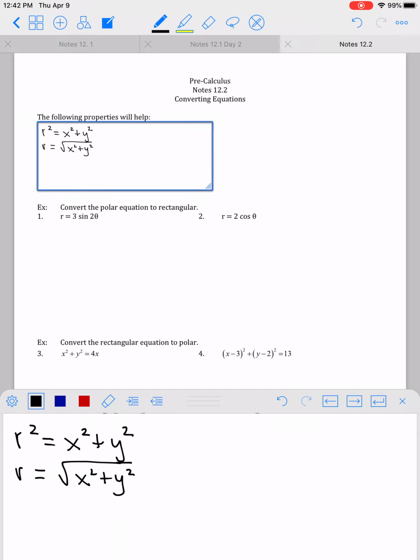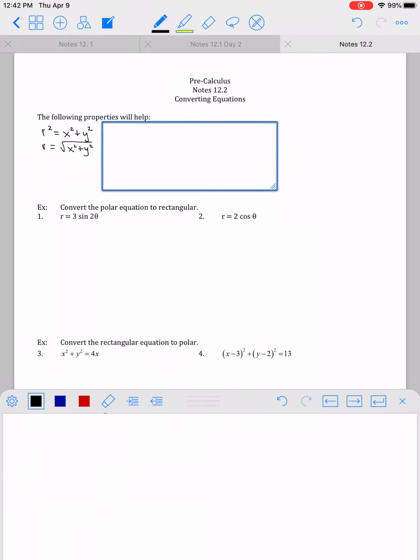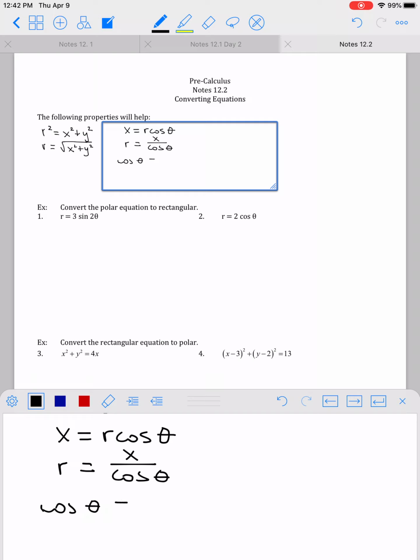We can also talk about the polar components. We know that x equals r cosine theta, and that's when we're converting polar to rectangular coordinates or points. If we solve for each of the letters, we would get r equals x over cosine theta, and if we solve for cosine theta, we get our trig ratio that we're used to, which is x over r.